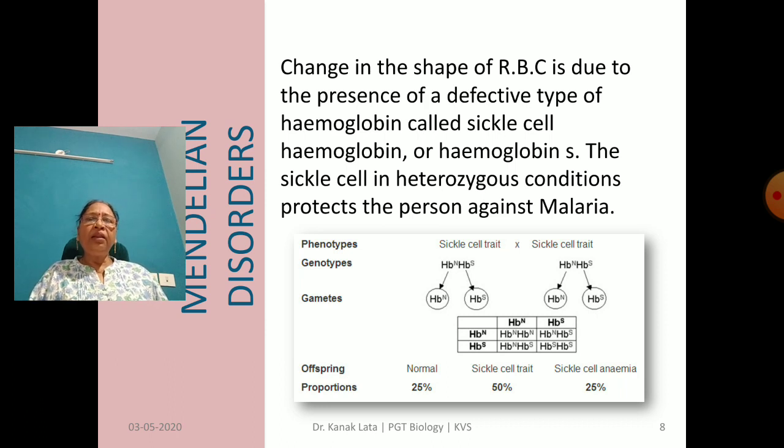Here in the given cross, when both parents are carrier for the genes, then offspring will be having 25% normal, 50% carrier and 25% sickle cell anemia.